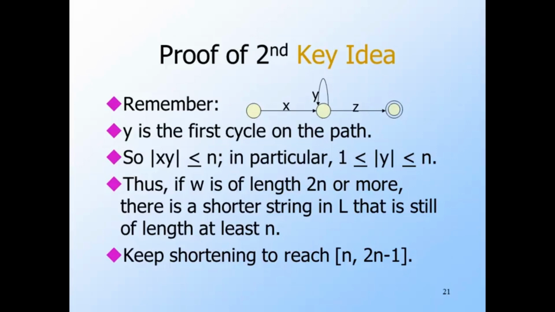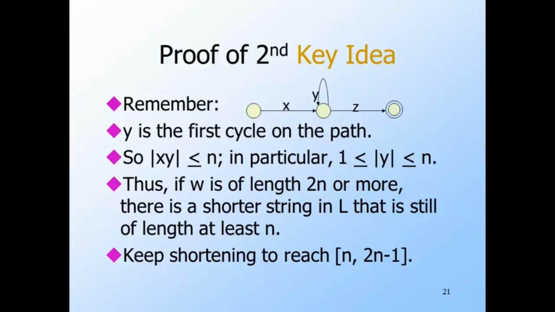For suppose it were. Now xz, as we know, is another accepted string, and the length of xz is the length of w minus the length of y, and the length of y is at most n. So the length of xz is at least n. That means that xz is a string shorter than w, yet at least n in length, and it's also accepted.